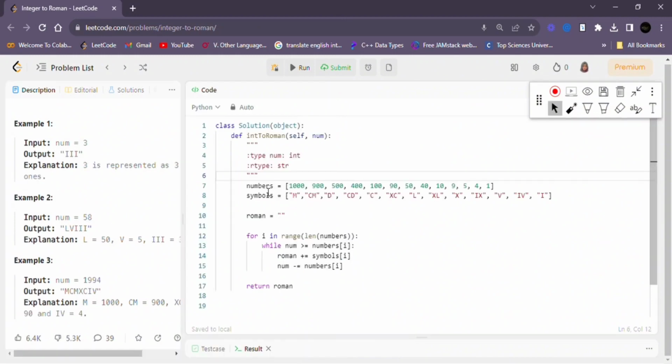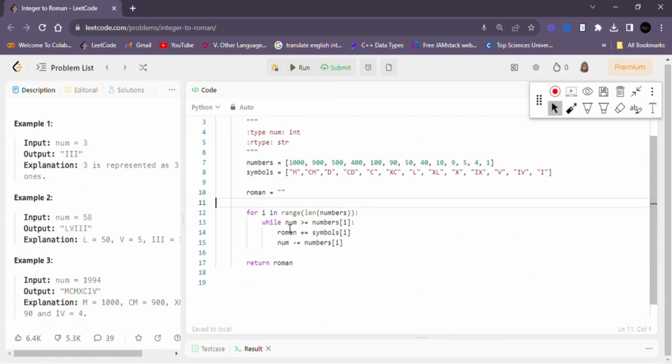I have created two lists. The first list stores all the numbers given in the problem statement, and the second list stores the symbols. Further, I took a variable Roman and stored an empty string in it.